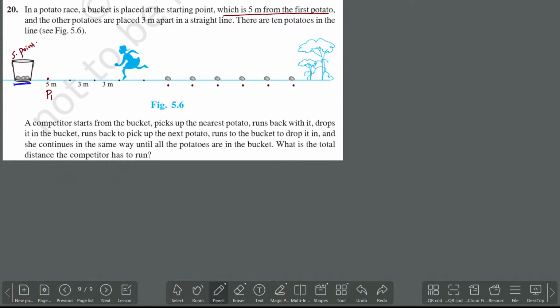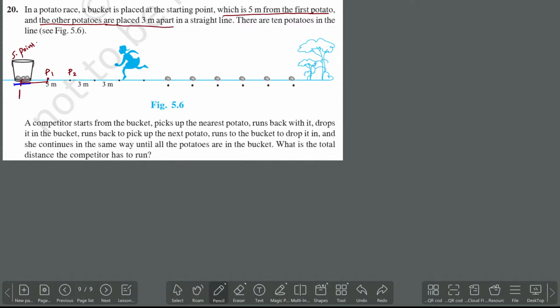This is the bucket man. This is potato number 1, potato number 2, like this. The first potato is placed 5 meter apart from the bucket. That is their statement. Understand? And other potatoes are placed 3 meter apart.